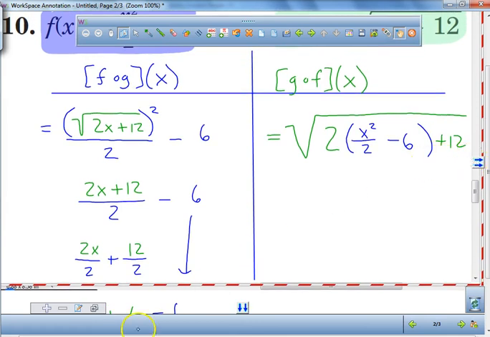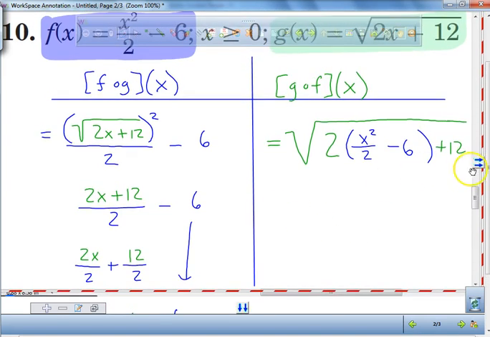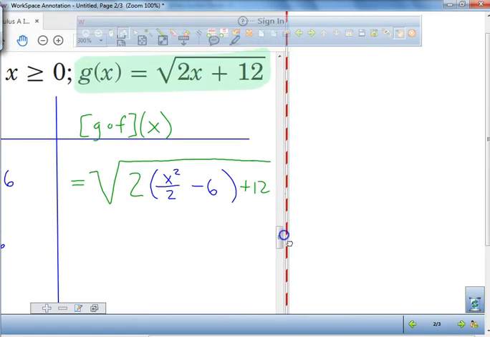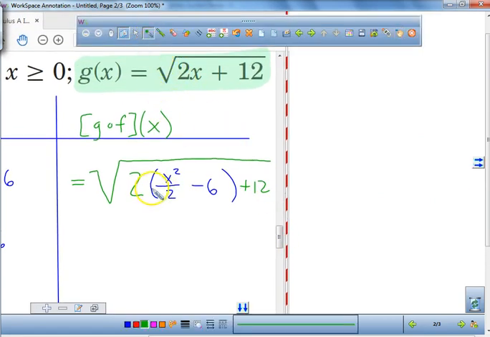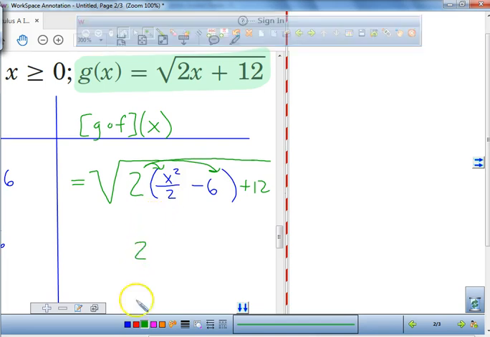Alright, let's take a look at this one right here. Focus. First thing I'm going to do is distribute the 2 to both numbers inside of this radical. So I would get a 2 times x squared over 2 minus 2 times 6 is 12. And then over here, what do we have sitting on the outside of the parentheses?